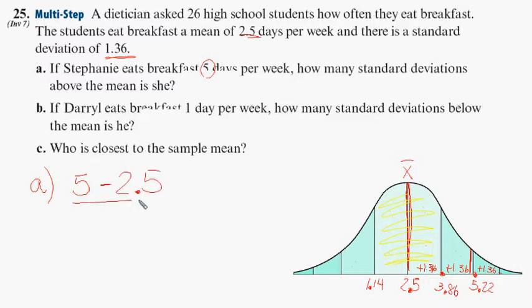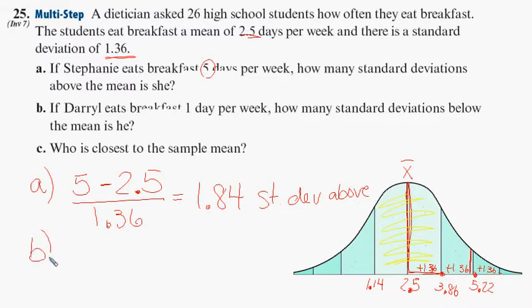Divided by 1.36, because each of these sections is 1.36 units long, that's the standard deviation. If you do the math on that, you'll discover that it's 1.84 standard deviations above, which is what we expected, because we knew that she wasn't quite 2 full standard deviations away from the mean. And so 1.84 makes perfect sense.